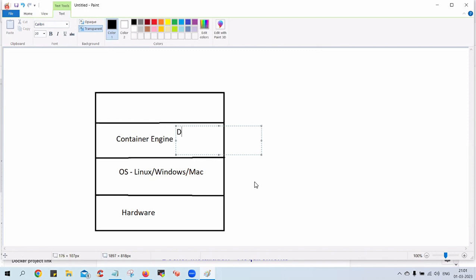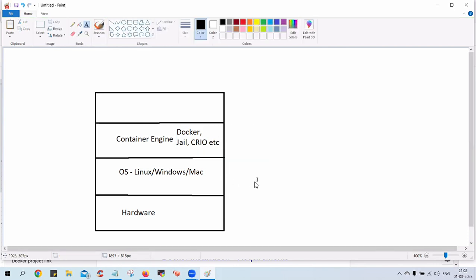You may want to use Docker, Jail, or CRIO, etc. I've just written only 3 brands. A lot of brands are there in the market, but for your understanding, I'm saying there are 3 brands: Docker, Jail, CRIO, etc.